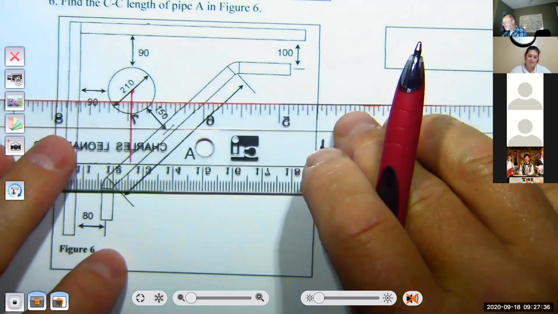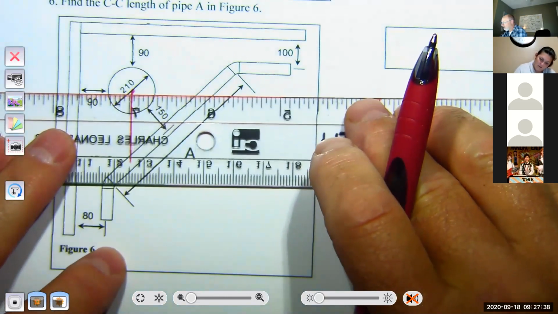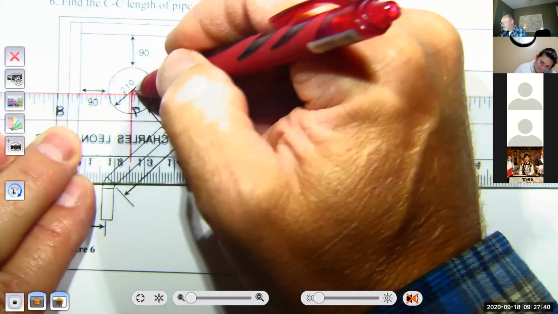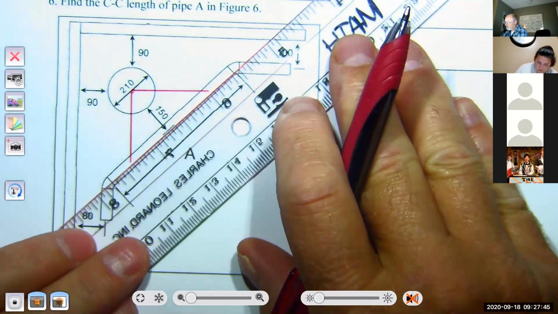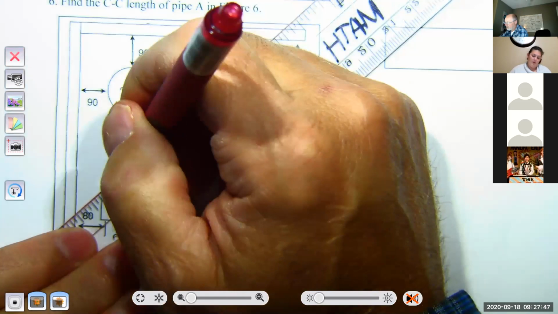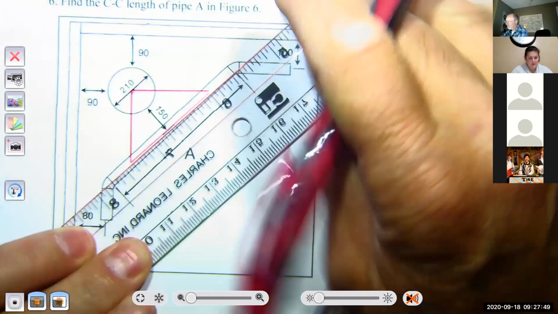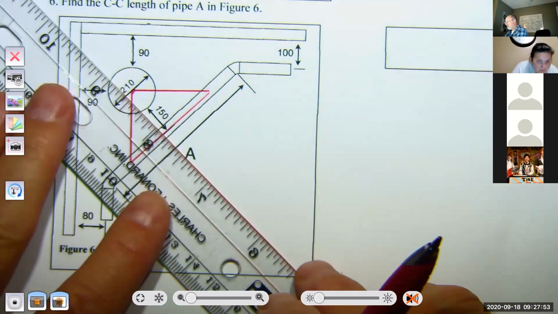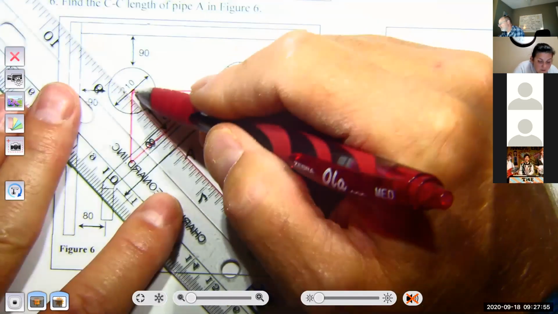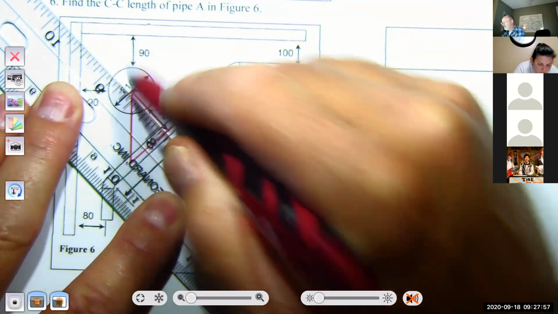And I'll do that for the other side, parallel to the wall, to the center line of my pipe. And I will draw two 45-degree right angle triangles. And I will then determine the rise of that triangle.